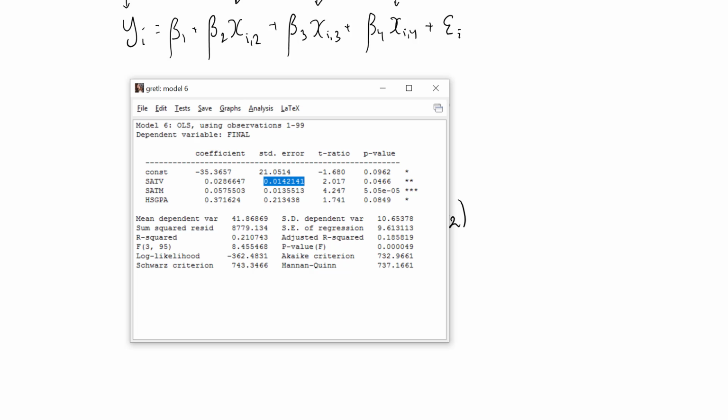The t-values are always computed by econometric software. So this is precisely the ratio of this to this. So SATV has a t-value of 2, SATM a t-value of 4 something, and GPA a t-value of 1.7 something.